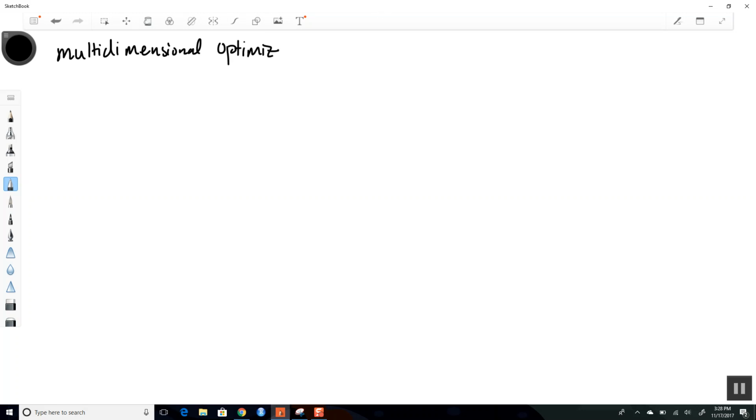All right. So let's do ordinary least squares regression, OLS. And let's just have one predictor. So we've got y hat equal to a plus bx.